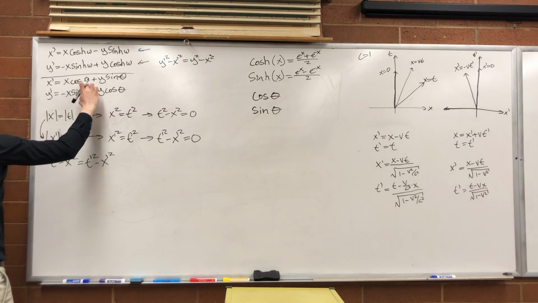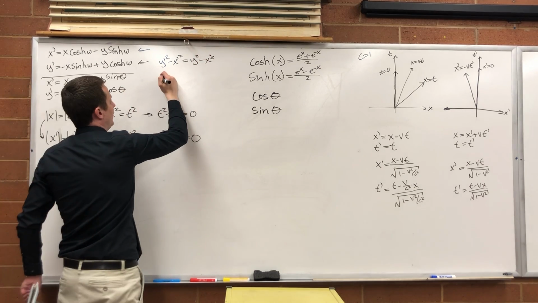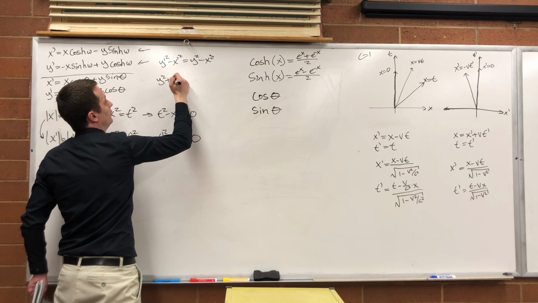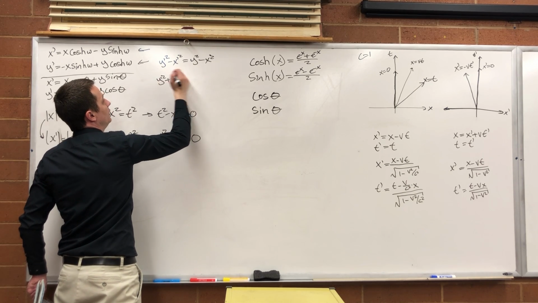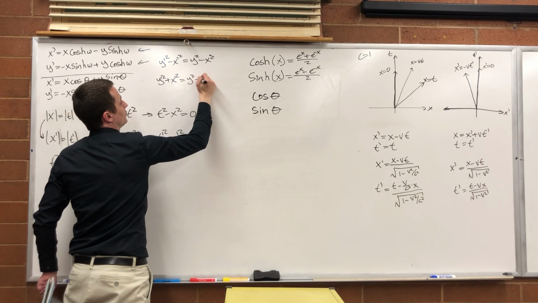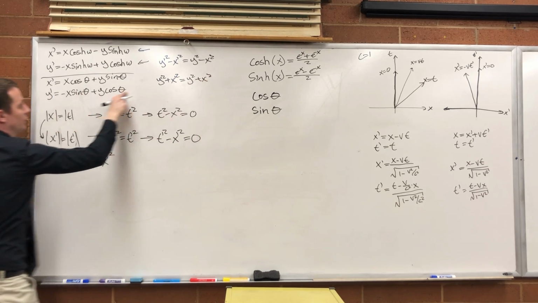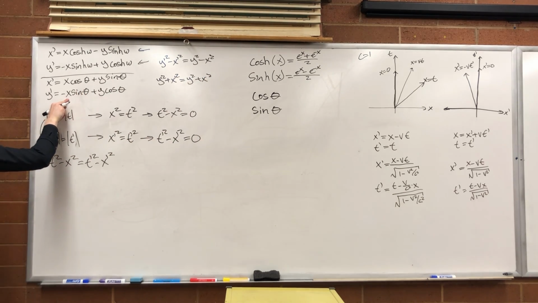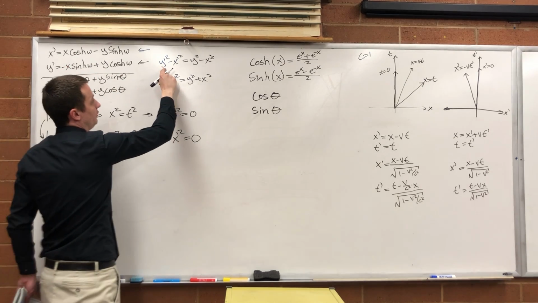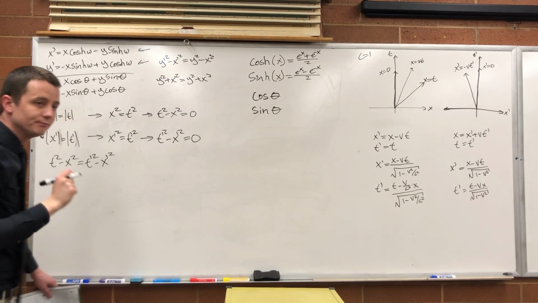We did the same exercise with this, but in that case we were doing y prime squared plus x prime squared was equal to y squared plus x squared. Right? We manually worked through that with these equations. Okay. If we were to do the same thing with these equations, we'd see that that is the same.